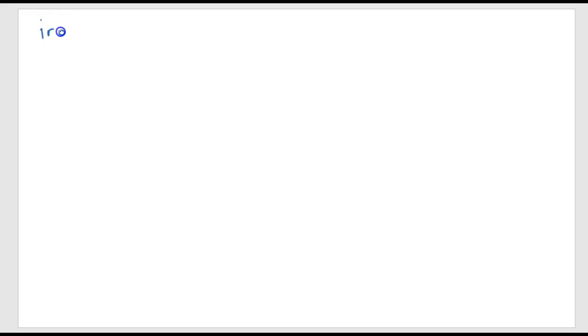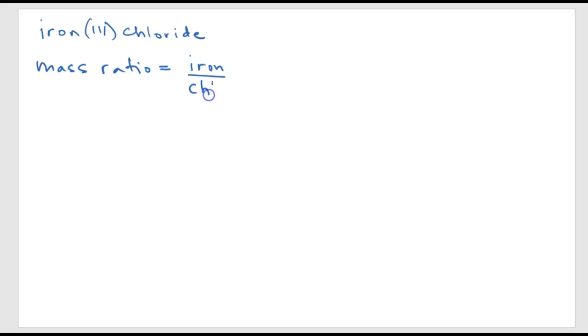So I'm just going to write down that we're doing iron(III) chloride, and to find the mass ratio of iron to chlorine, we found the ratio comes to 0.5244. Okay.